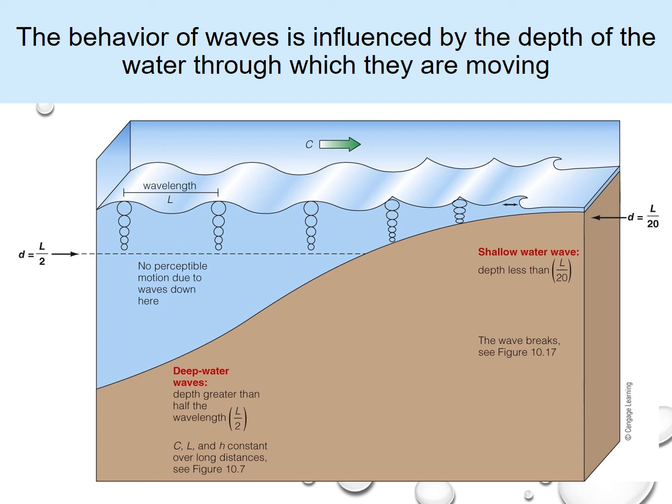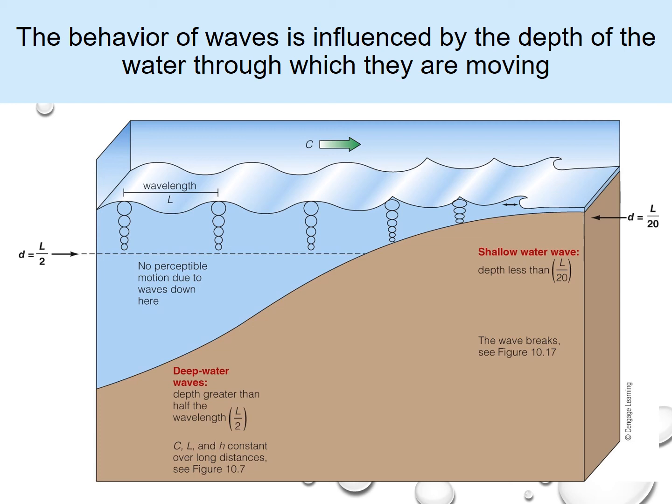Now as the wave approaches the shoreline, it's going to start feeling the bottom because the depth of the ocean is going to be not as deep as half the wavelength. And it's starting to feel the friction. And this wave turns into a shallow water wave.